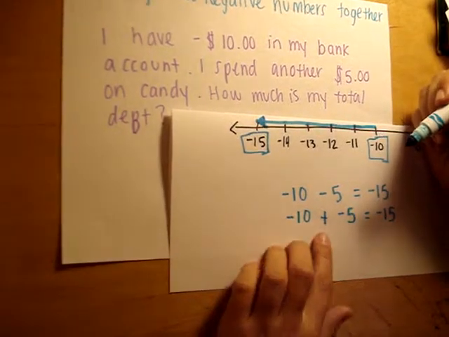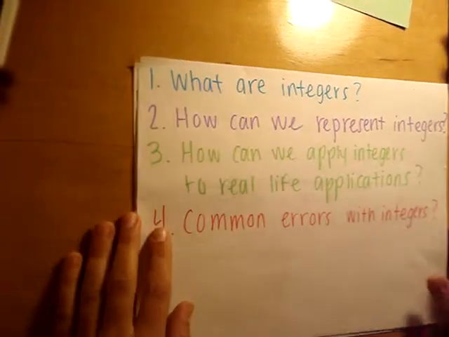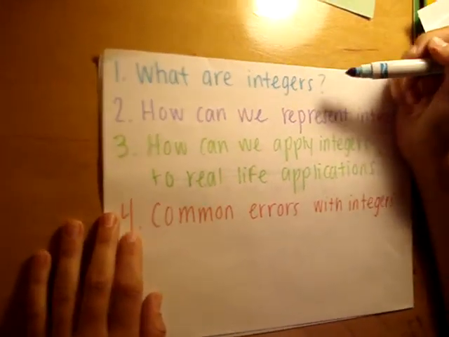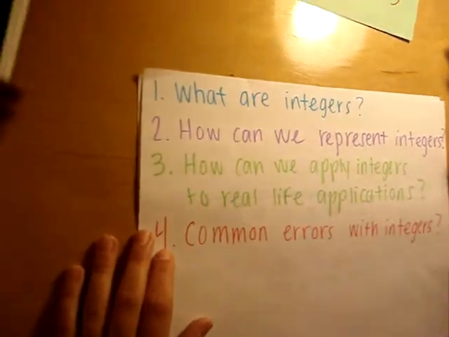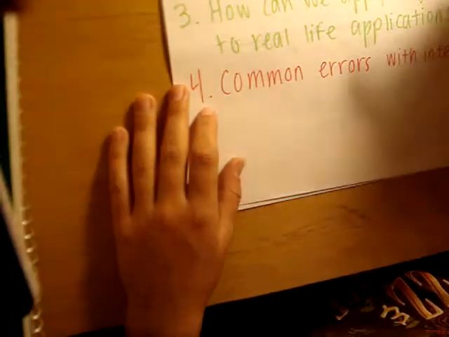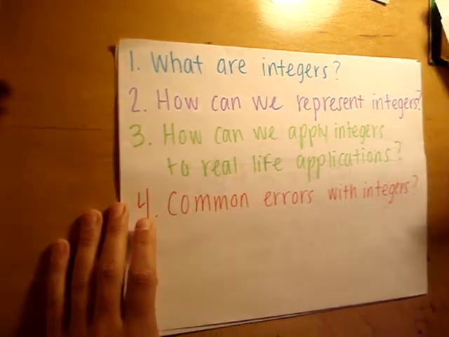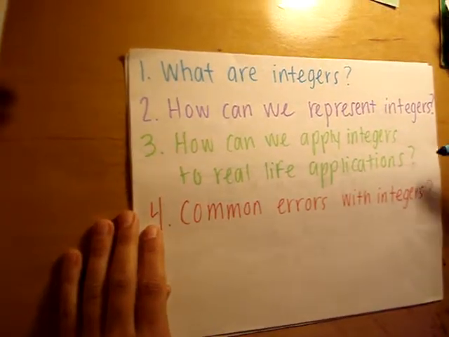So today what we went over is what integers are, how we can represent integers, and we used the number line, how we can apply integers to real-life applications, and we said thermometer. We could also use sea level.